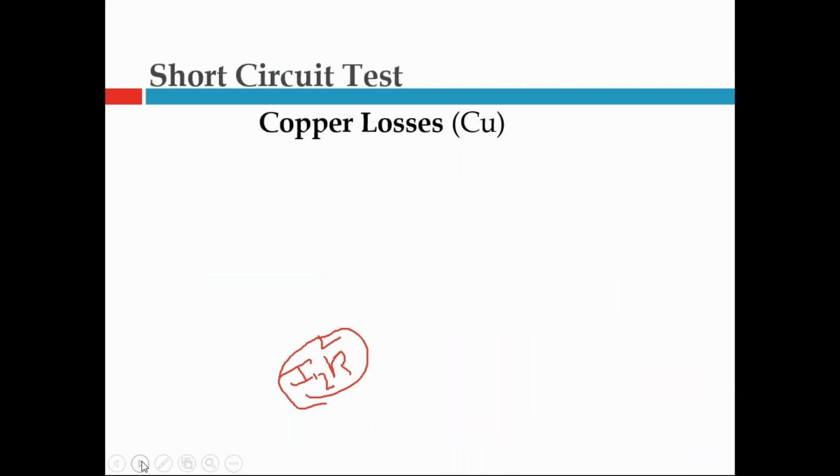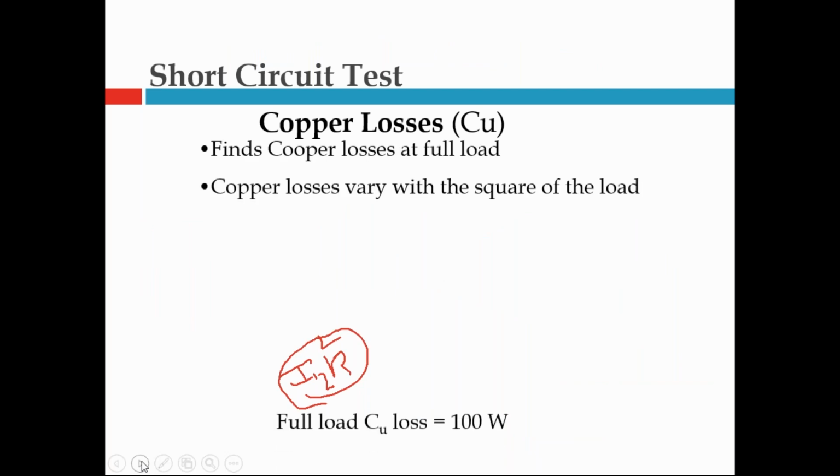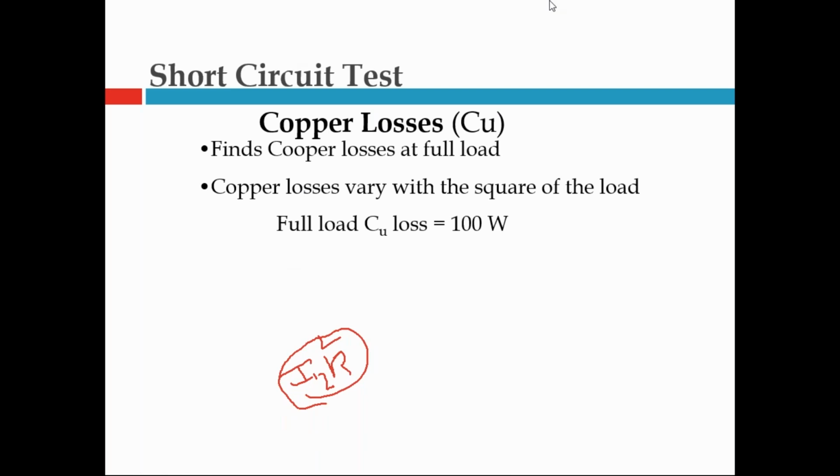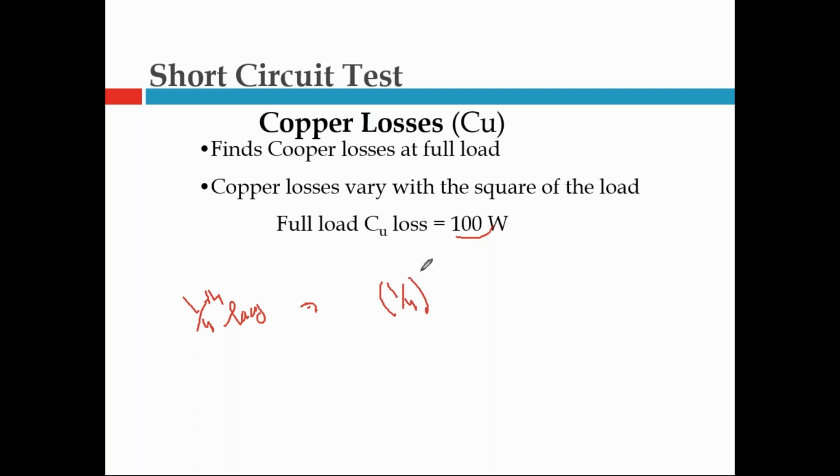Now we have to find copper losses at different loads. If the full load copper loss is 100 watts, then what is the copper loss at 1/4 load? At 1/4 load, its value is 1/4 whole square into 100.